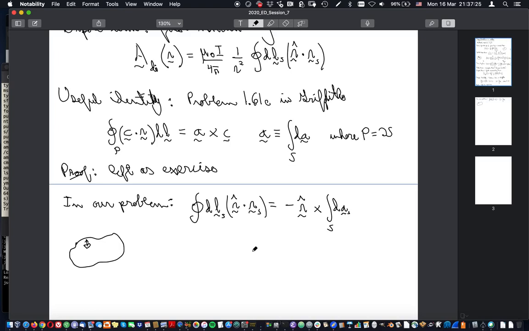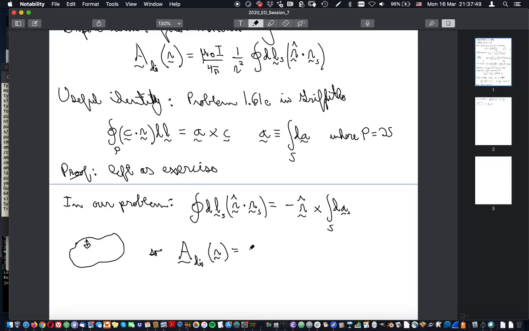Okay, so what that means is that my dipole moment, or my dipole part of the vector potential, can be written in a simplified fashion.